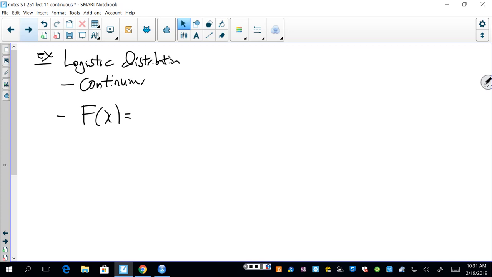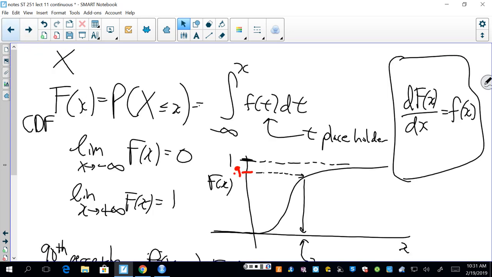Professor? Yes. Sorry, I just have a quick question. When you went back and you took the derivative of the capital F function, what's the name of the capital F versus the lowercase f, the two different ones? So this is going to be the cumulative distribution function. And this one is a probability density function, or PDF.